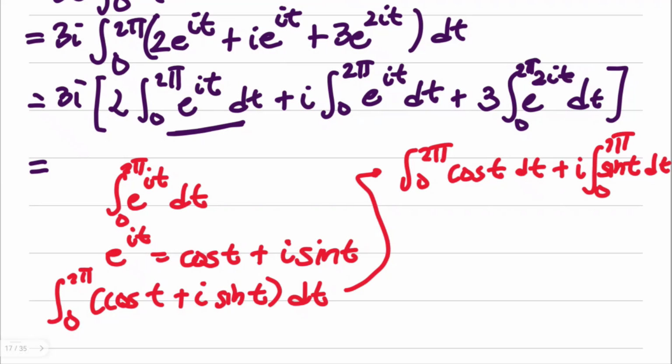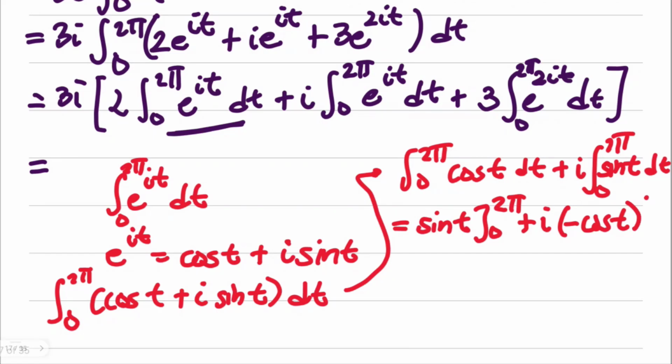What is the integral of cosine t? It's actually sine of t from 0 to 2 pi. Am I right? If you're not convinced with that, you can, of course, always check that. And the second one is you have plus i, the integral of sine t dt, which is actually equivalent to negative cosine t from 0 to 2 pi as well.